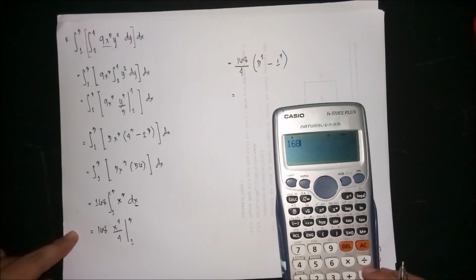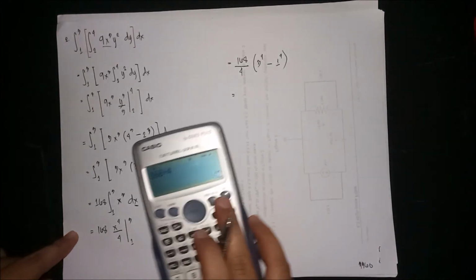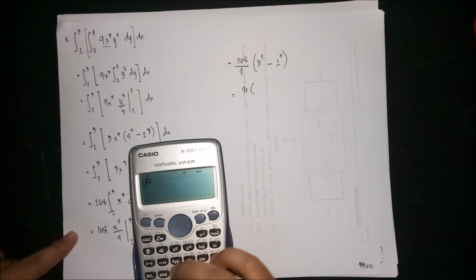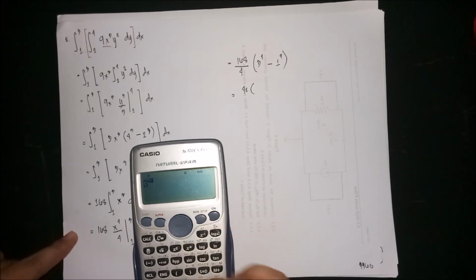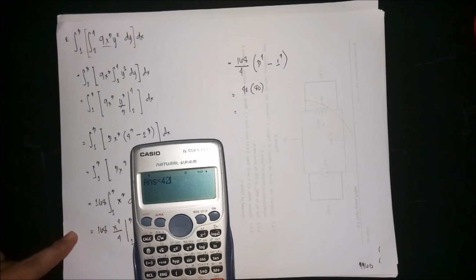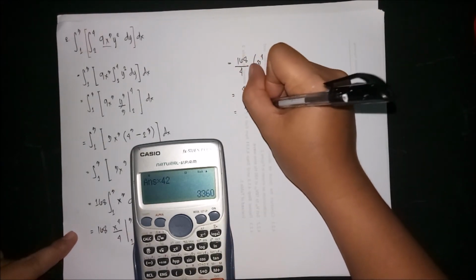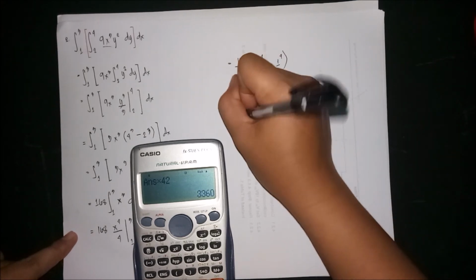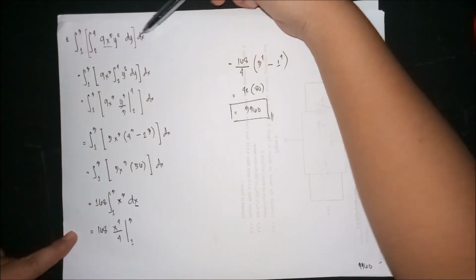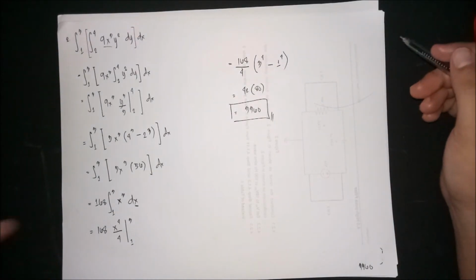And this is equal to 168 divided by 4, we have 42, times 3 to the 4, class, minus 1, we have 80. 80 times 42, we have 3360. So, this is our final answer. Okay? So, this one, class, is equal to 3,360.